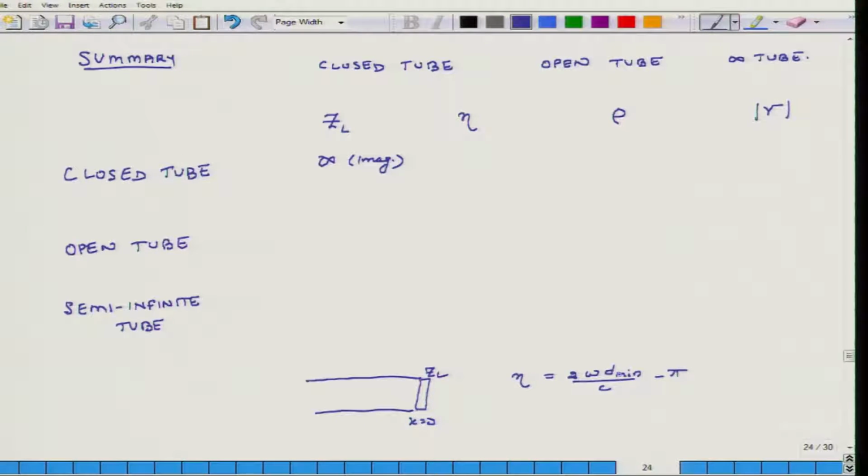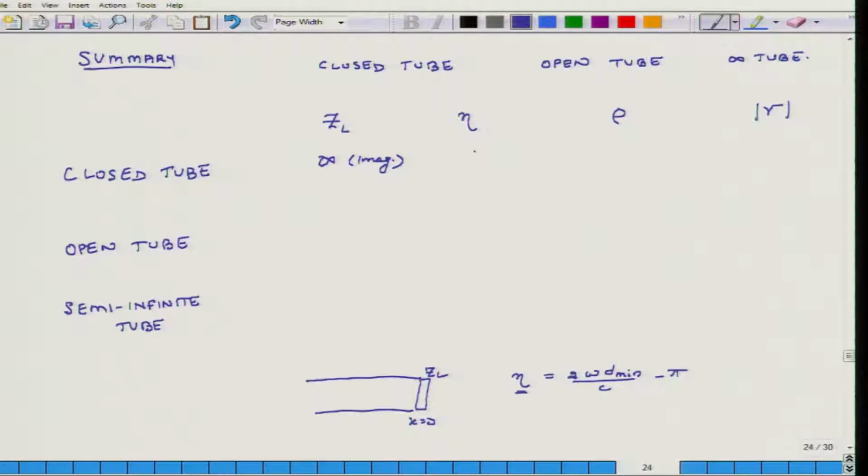Now, d min is the location where pressure is going to be minimum, and if we do the math, in this case d min will correspond to half of the wavelength of the system. So, if I put in d min as lambda over 2 in this equation, then this entire term 2 omega d min divided by c comes to be pi.